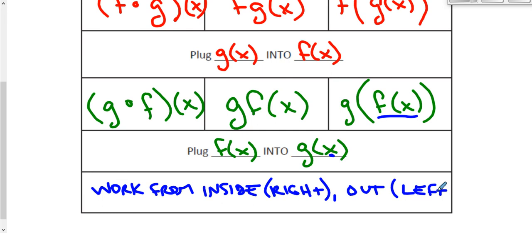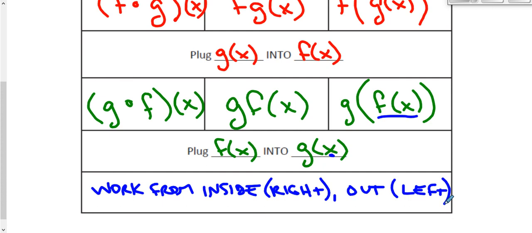So this kind of goes against everything we know about math so far, because everything we've learned about math mirrors everything we know about reading, which is that we should always work from left to right. But when I'm doing composition, when I'm plugging something in, I'm looking to the right of my function first so that I can kind of work my way out. I want to start on the inside, figure out what that is, and then work my way toward the outside.